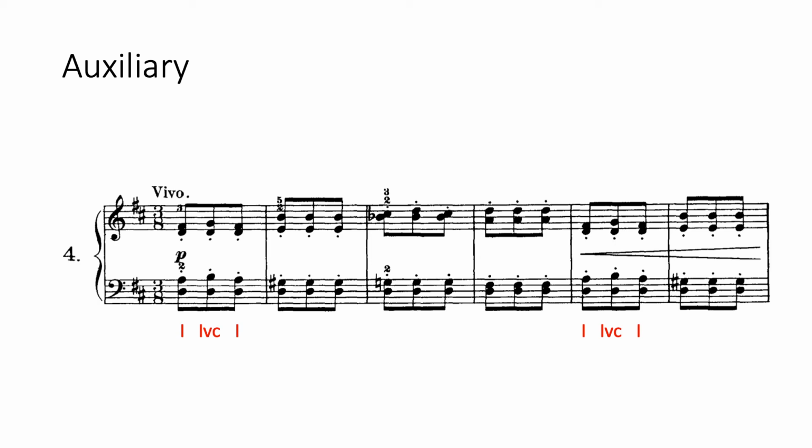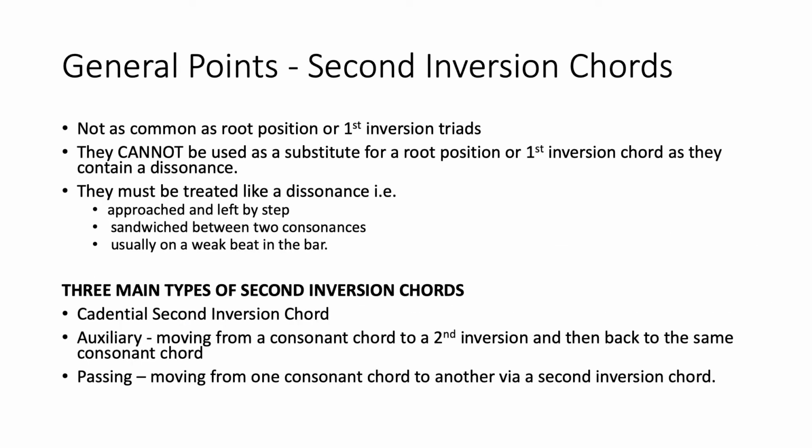The third and the fifth in the chords just move up a step and then move back down a step to create that second inversion chord. So there we have it. Those are our three types of second inversion chord: our cadential second inversion chord, our auxiliary second inversion chord, and our passing second inversion chord.